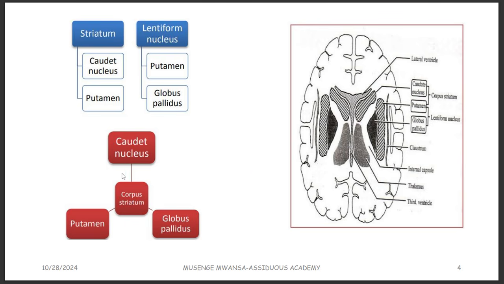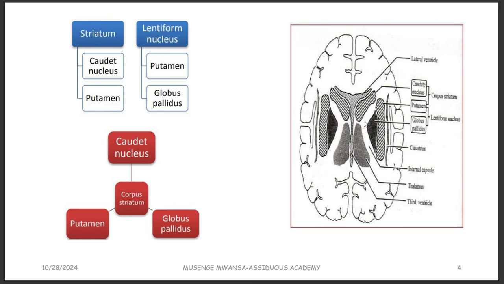What makes up the corpus striatum is the medial globus pallidus, the lateral putamen, and then the caudate nucleus. Now, from the lentiform nucleus, that is the globus pallidus and the putamen, the lentiform nucleus is separated from the caudate nucleus by what is known as the anterior limb of the internal capsule.